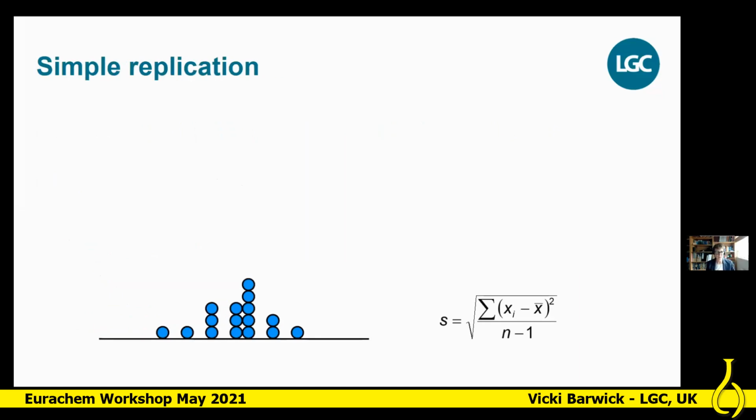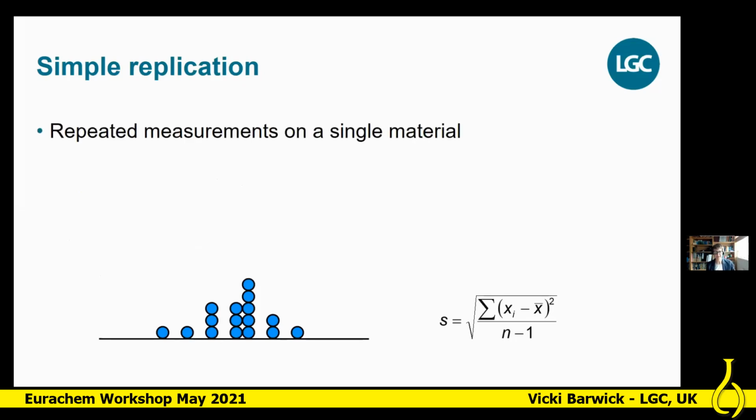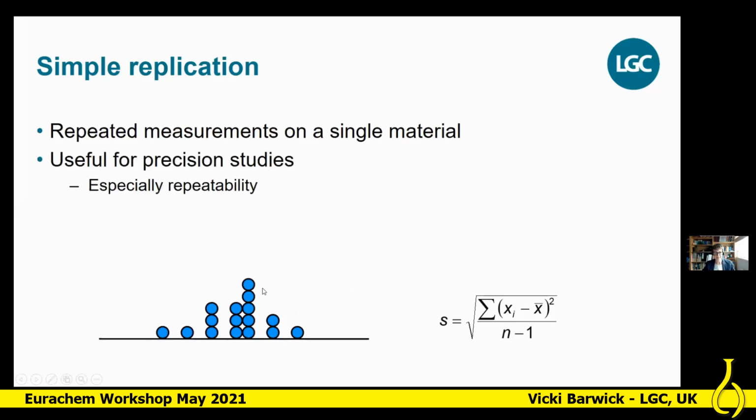That's something we probably do on an almost daily basis, where we make repeated measurements on a single material, and we can calculate the standard deviation of those results to give us an estimate of the variability or the spread of the data.